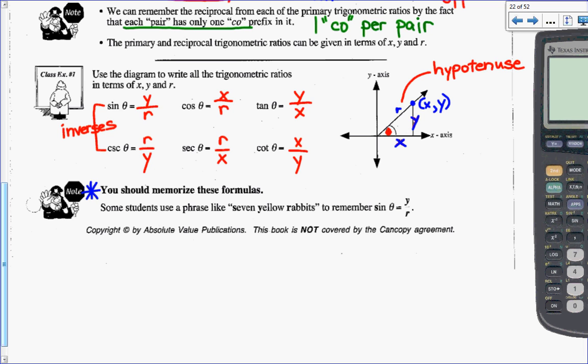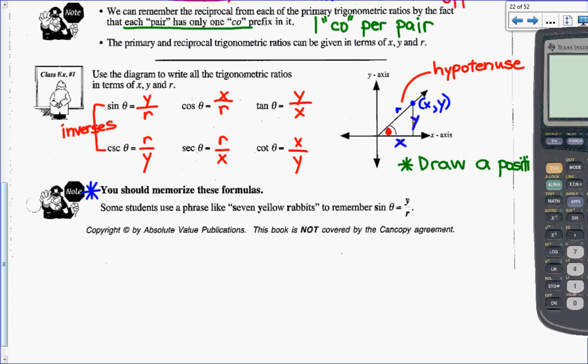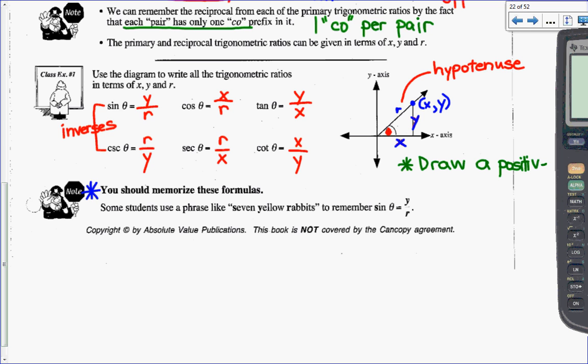So really you don't have to memorize it, you just have to draw a positive angle in your first quadrant and label x, y, and r on it, and you'll have all of the ratios at your fingertips. Okay, let's just make ourselves a note of that. Draw this diagram, draw a positive angle in first quadrant.